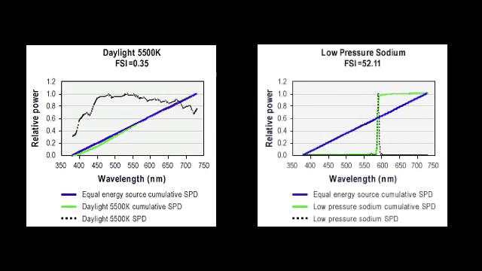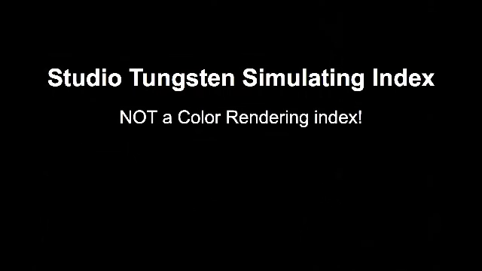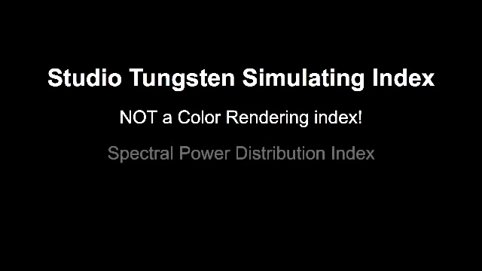The STSI implementation we're studying provides a reference of an artificial light source to the standard studio tungsten in the spectral range of 350 nanometers to 690 nanometers, and on a scale of 1 to 100, with 100 being a perfect match. As such, it's absolutely not a color rendering index per se, but a spectral power distribution index.